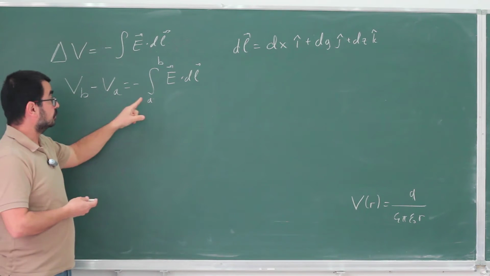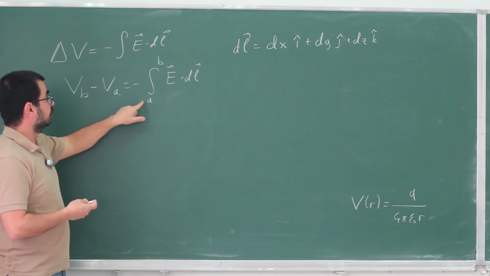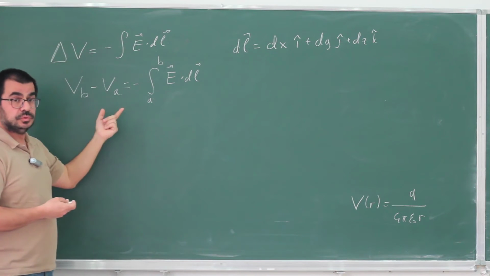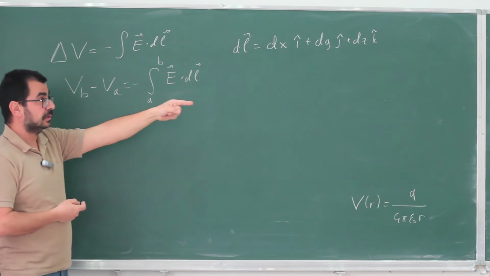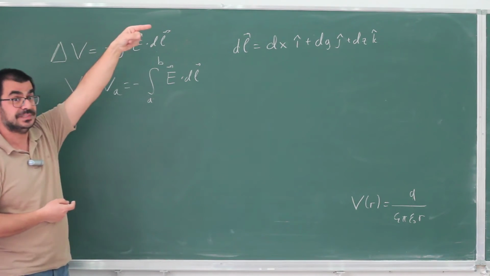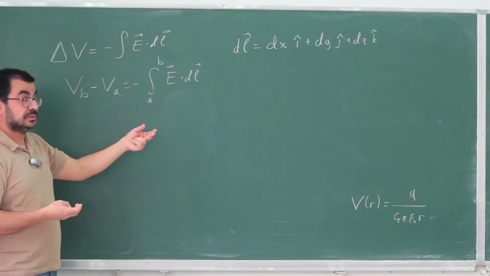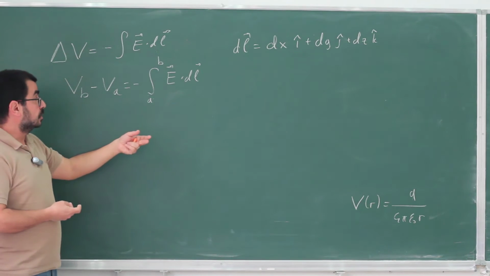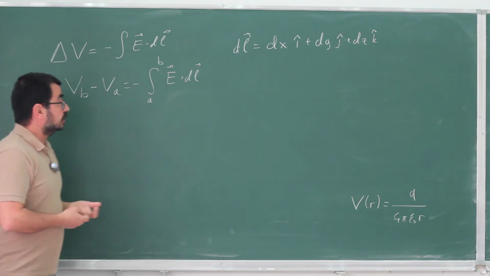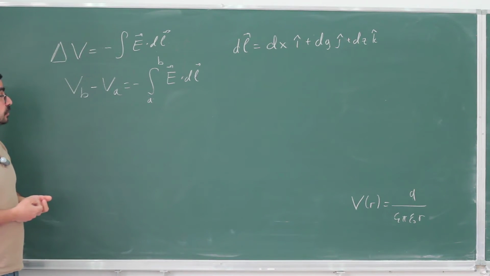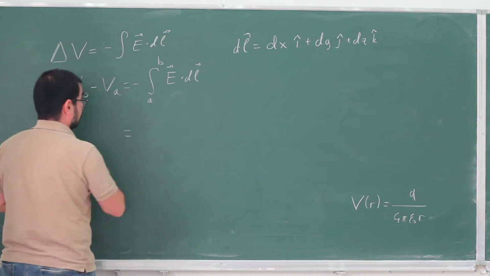Okay, so I can choose any path as I'm going from A to B, and I will just choose to perhaps first move in the x direction, and then in the y direction, and then the z direction. I can choose a path like this. Okay, I don't need to move simultaneously in two directions. So if I do that, this really decomposes into three integrals.